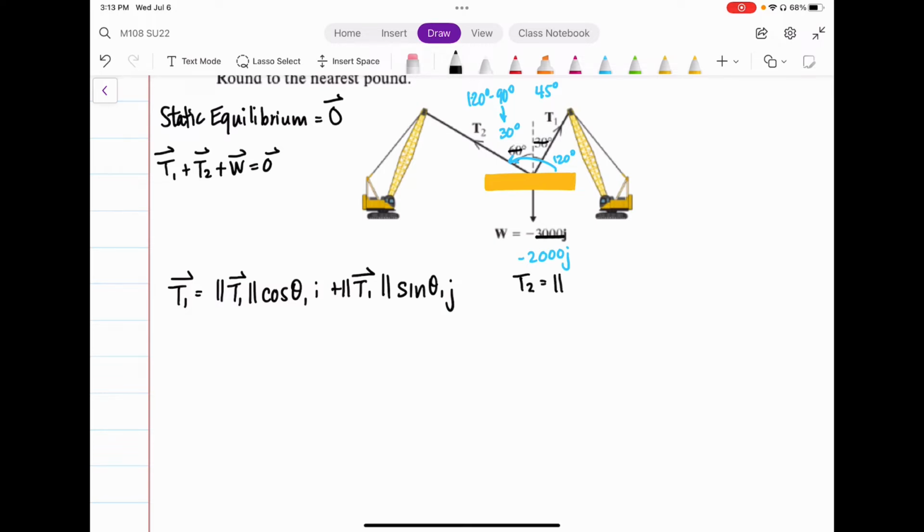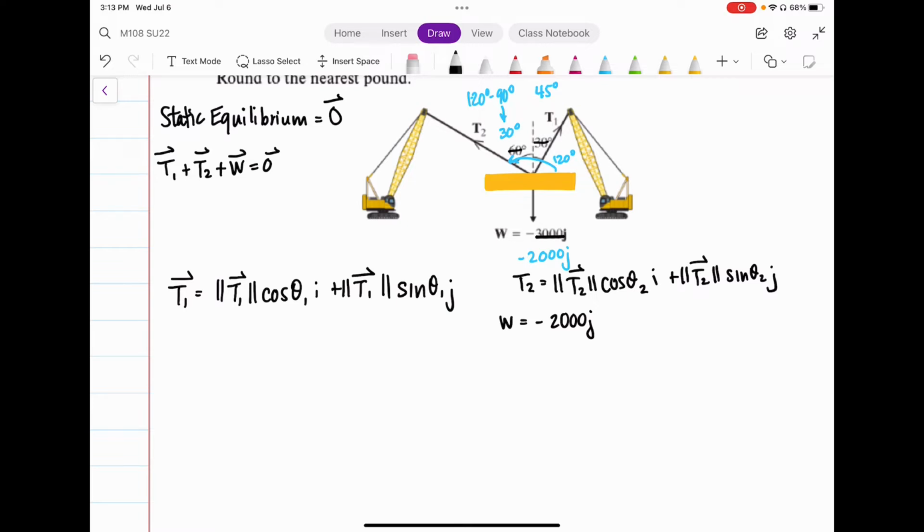T2 is going to be equal to the magnitude of T2 times the cosine of theta 2 times i plus the magnitude of T2 times the sine of theta 2 j. W is already equal to negative 2000 j.